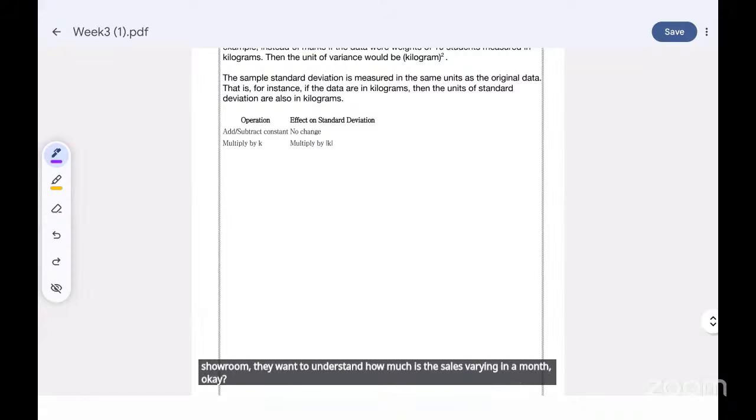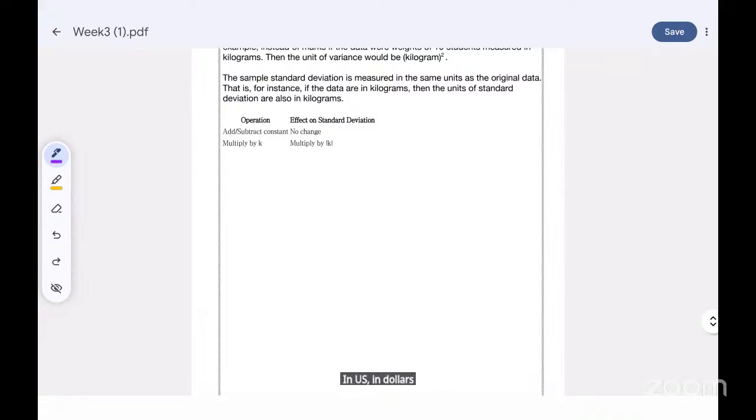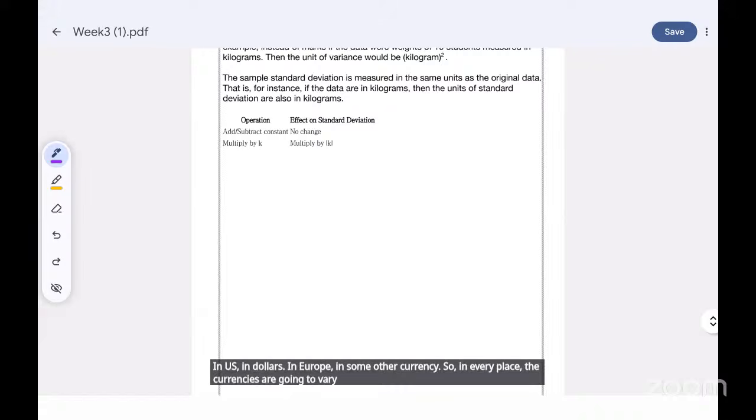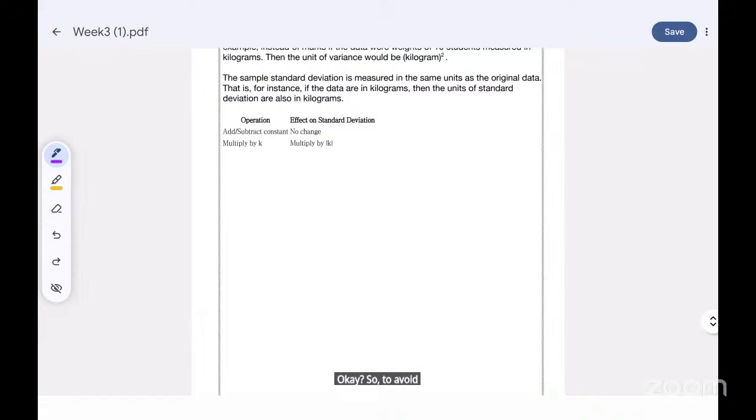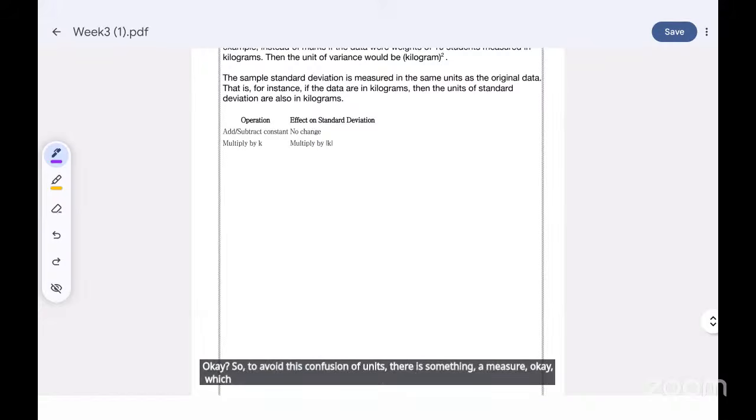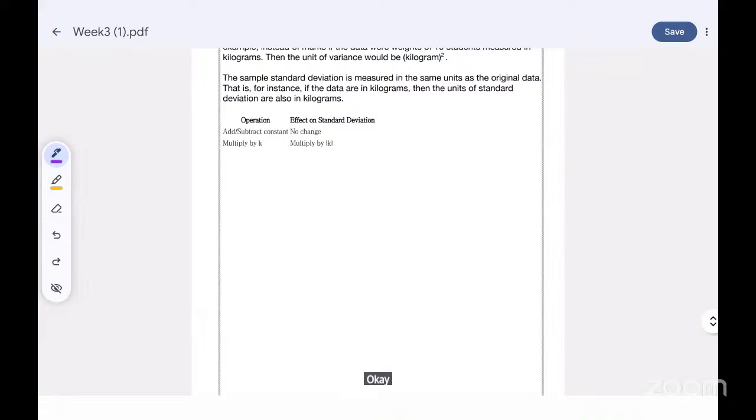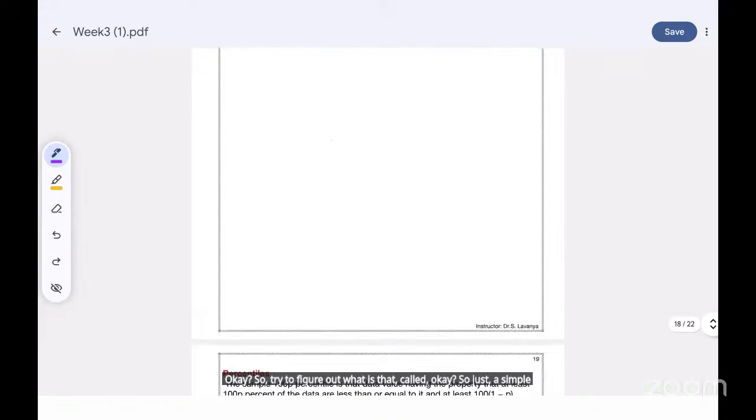In India the values will be in INR, in the US in dollars, in Europe in some other currency, so the measure comes in different units. To avoid this confusion, there is a measure which helps us get rid of the units completely, but still lets us easily compare the measure of dispersion across different data sets. Try to figure out what that is called. A simple Google search will give you the answer.